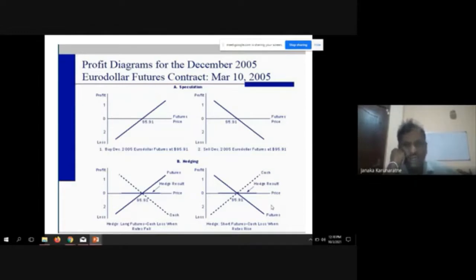Clear? Similarly, if you sell a future on that day and the price rises, you lose. Price drops, you gain. So that is the second chart.